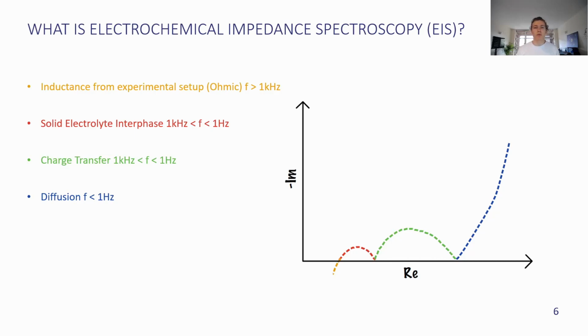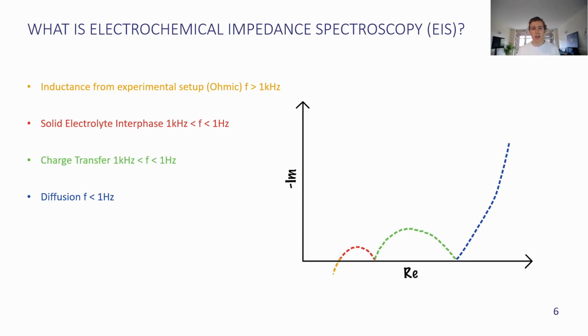As we move above 1 Hertz, we move into the charge transfer and solid electrolyte interface region. Between 1 Hertz and 1 kilohertz, these 2 phenomena dominate, and although I've drawn them as separate semicircles, often it's the case that these 2 processes collide with each other and aren't as easily separable.